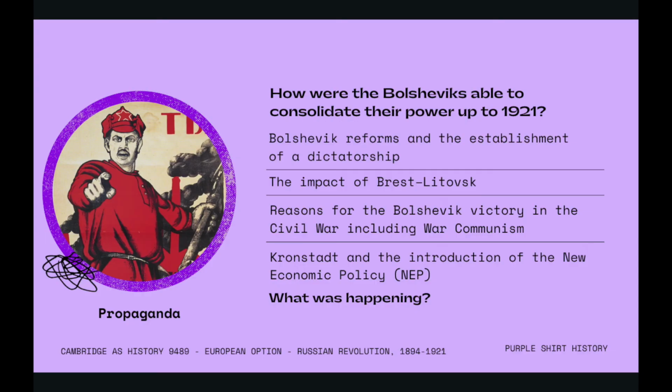War communism means all of the resources of the state will go towards the Red Army and winning the war. This will lead to famines and a lot of suffering throughout the civilian population. It gets to be so bad that in 1921, the Kronstadt sailors, who are my favorite group in this entire theme, they're the Greek tragedy figures of the Russian Revolution.